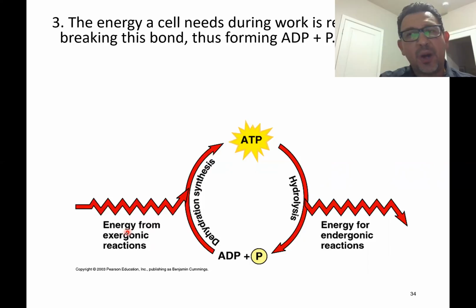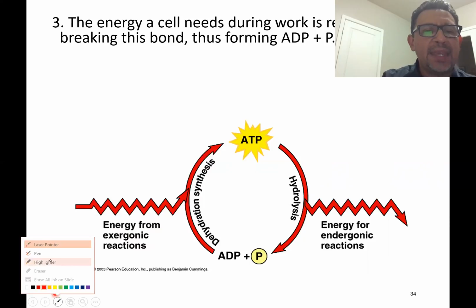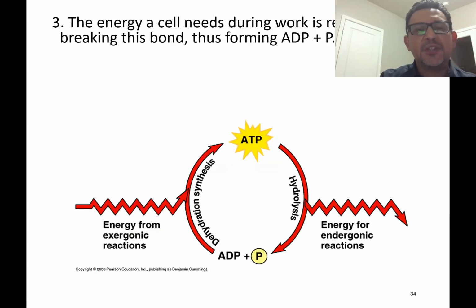What may not be too obvious to you right now is, where is that energy going to come from? But perhaps it is. The energy that will help a cell make ATP again is going to be from the breaking of the bonds of fuel molecules.